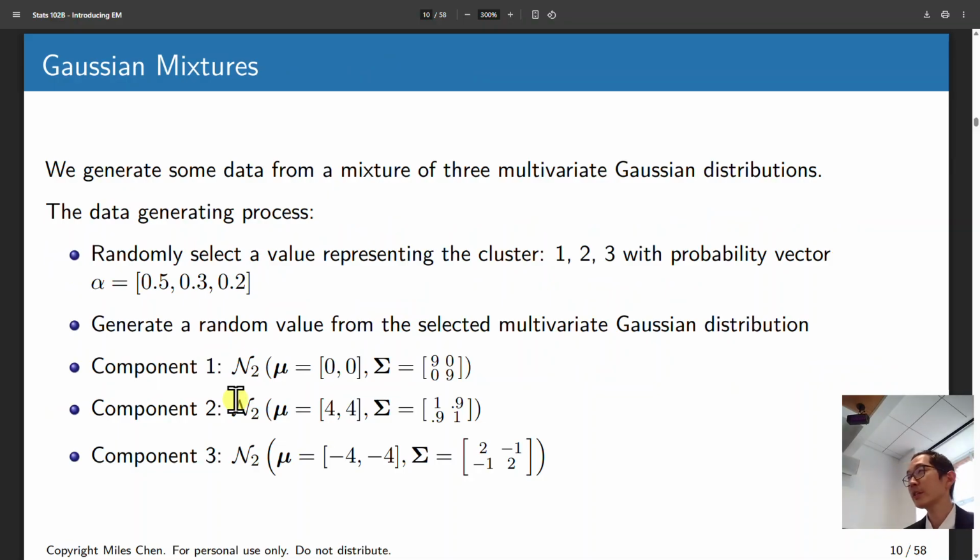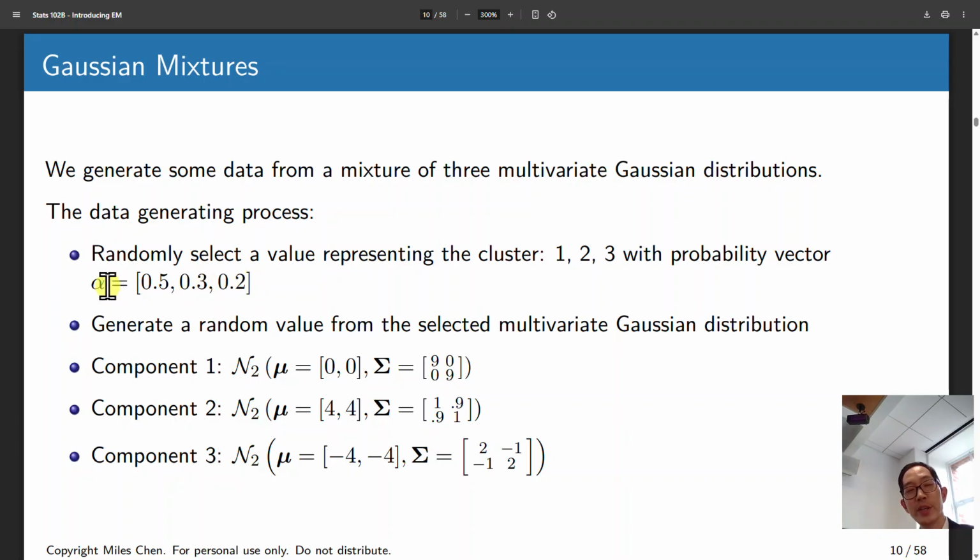As an example, I'm going to do a simple example where I have 3 multivariate normal distributions in 2 dimensions: cluster 1, cluster 2, and cluster 3. Cluster 1 will represent 50% of our data, cluster 2 will be 30%, and cluster 3 will be 20%.